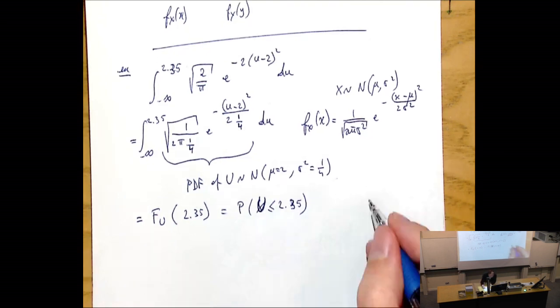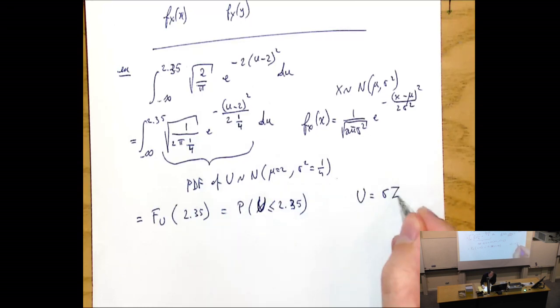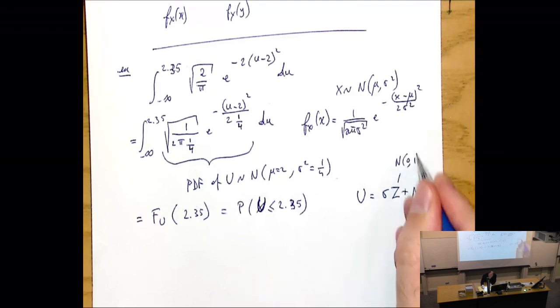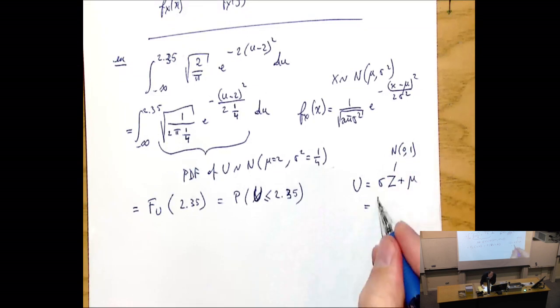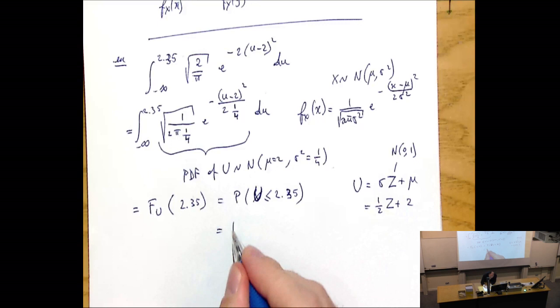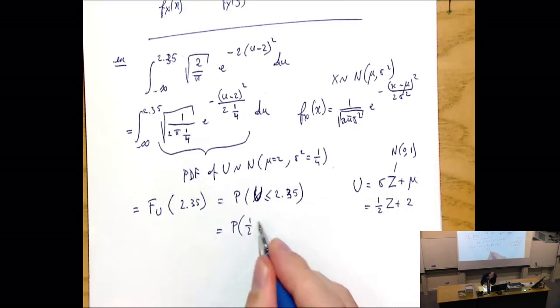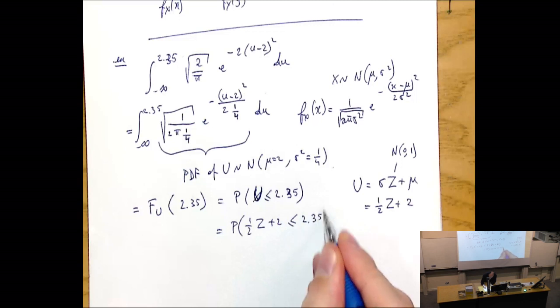So I can write u, remember what we did last week, as something like this, where z is normal with zero mean and variance equal to 1. And so the standard deviation is 1/2, multiplied by z plus 2. And so I can say this is the probability that 1/2 z plus 2 is smaller or equal to 2.35.